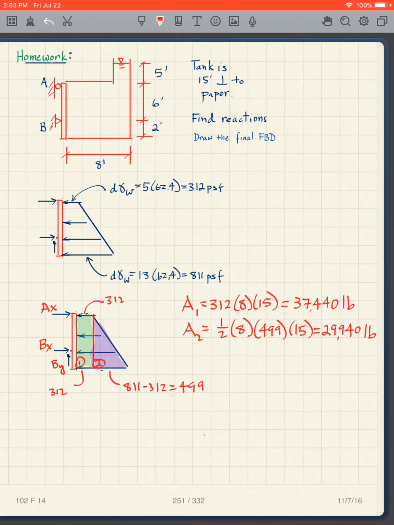So my pressure is going to be 5 times 62.4, which is 312 psf. Down at the bottom, I'm 13 feet down, so it's going to be 13 times 62.4, 811 psf. So I have 312 here, and I've got 811 there.